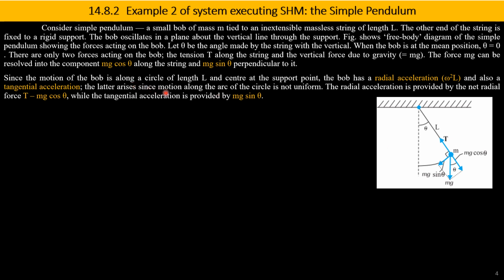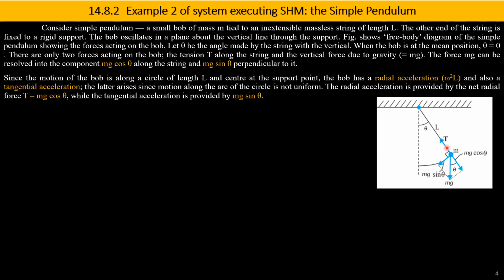Since the motion of the bob is along a circle of radius L with the support as center, the bob has a radial acceleration omega square into L and also a tangential acceleration. The latter arises since the motion along the arc of the circle is not uniform.